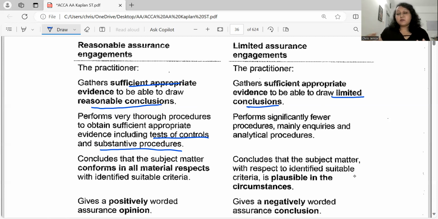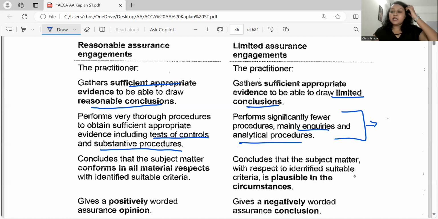So that will be of higher reliability and accuracy rather than just performing some enquiries or analytical procedures. This is not going to give you more of a reliability or accuracy part. Okay, so that's the reason we can just give some limited assurance on this and not a reasonable assurance.